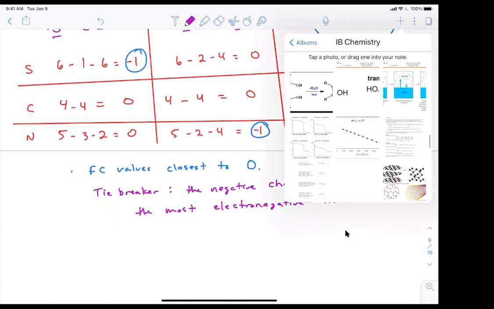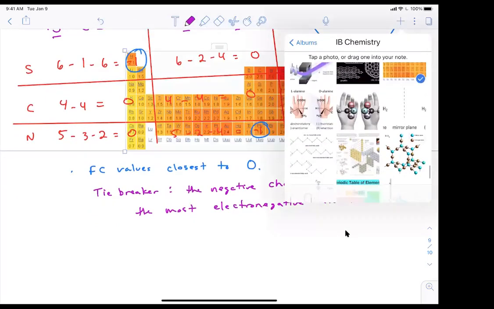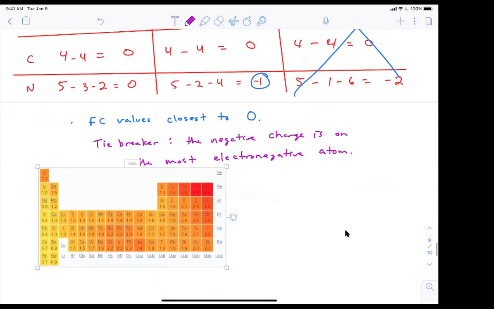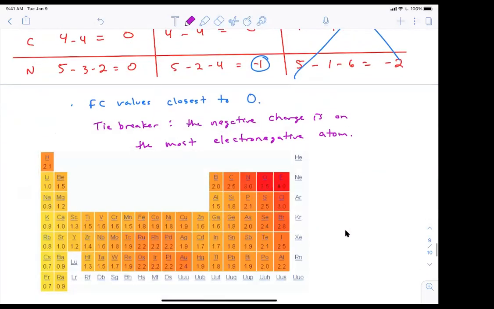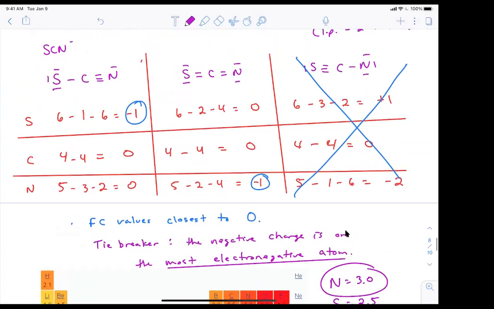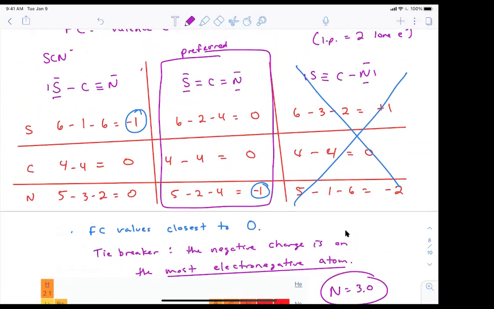That's going to be awkward if they are, but I don't think they should be. Yeah, okay, S is a little bit less. Okay, good. Whew. So here, the negative charge goes on the most electronegative. N is 3.0, S is 2.5. So the N should get the charge, so therefore this is the preferred structure of SCN minus 1.